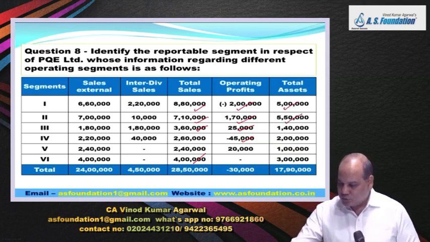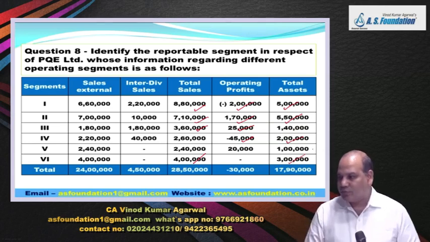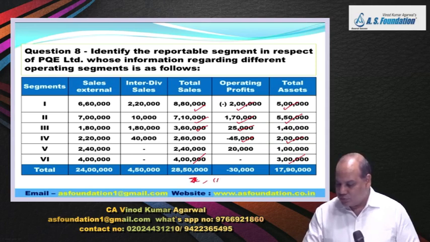1, 2, 4 and 6. Correct? 1, 2, 4 and 6 are more than 1 lakh 79,000. So till now how many segments have we identified? 1, 2, 3, 4 and 6.